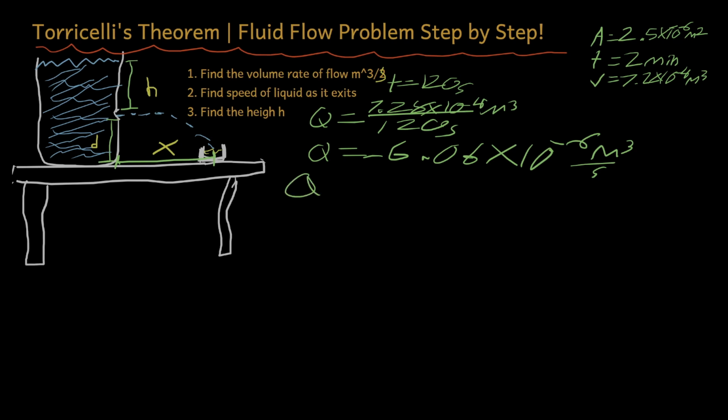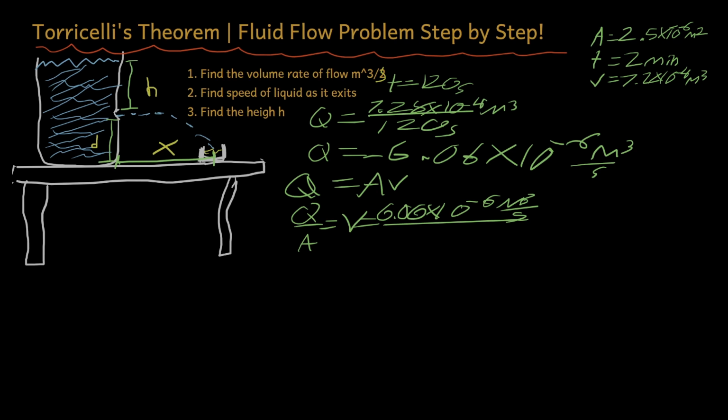So we're just going to rearrange it. We know that Q, or the flow rate, equals the area times the velocity, but if we divide Q by A, which is the area of the hole, we can solve for velocity. That's going to be 6.06 times 10 to the negative 6 meters cubed over seconds, divided by the area, which, as we can see in the top right, is 2.5 times 10 to the negative 6 meters squared.